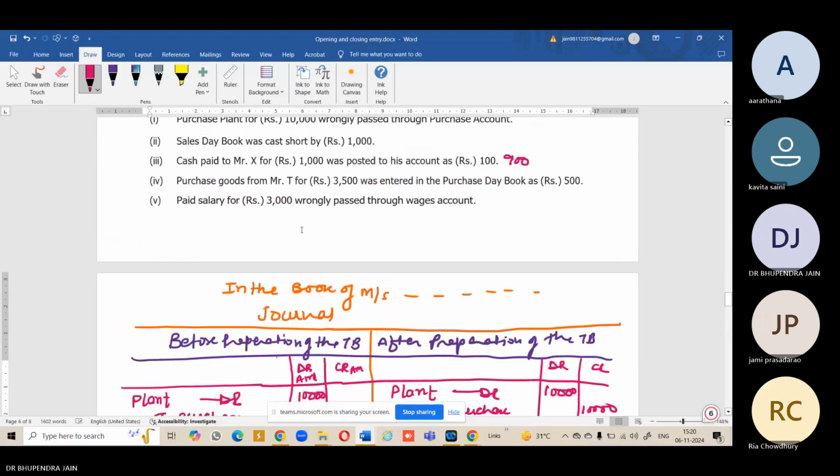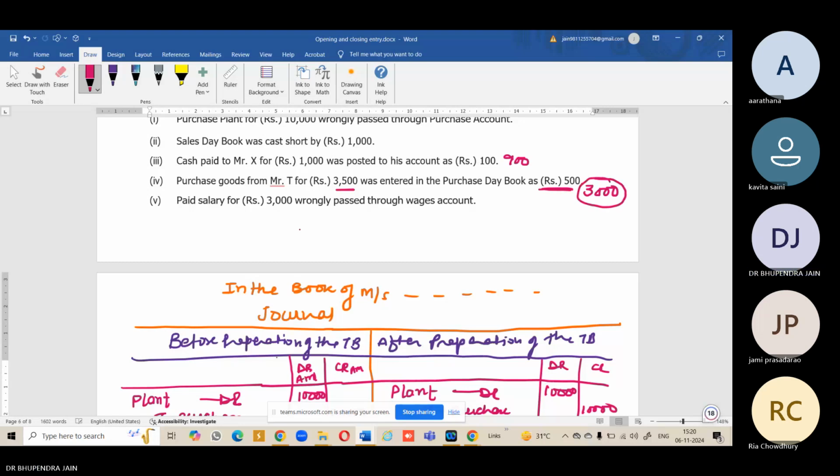Next entry, purchase of goods from T for rupees 3500 was entered in the purchase book as only rupees 500. So now we need to add in the purchase book rupees 3000.